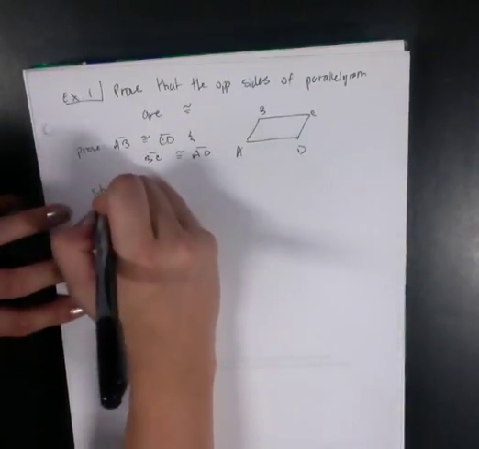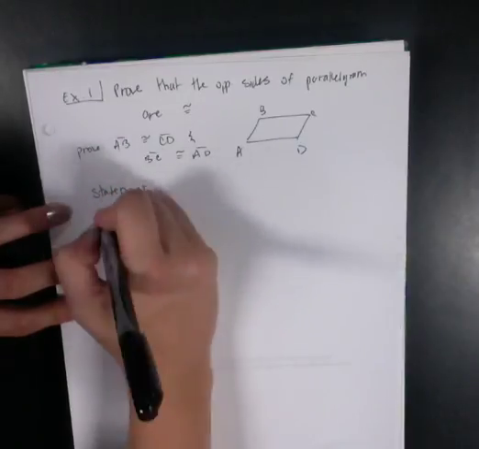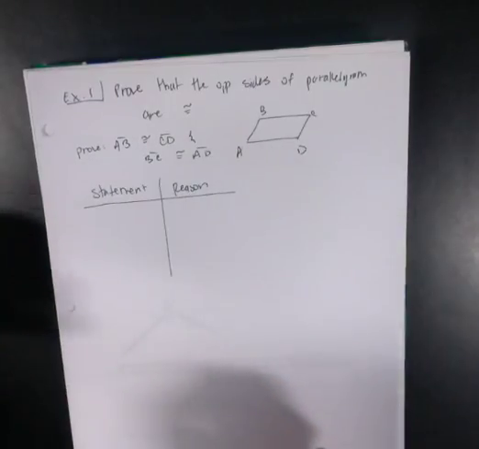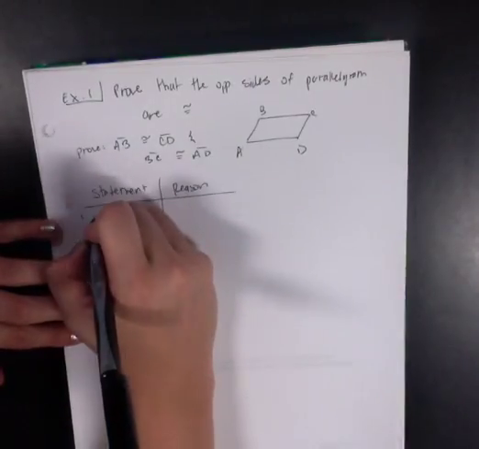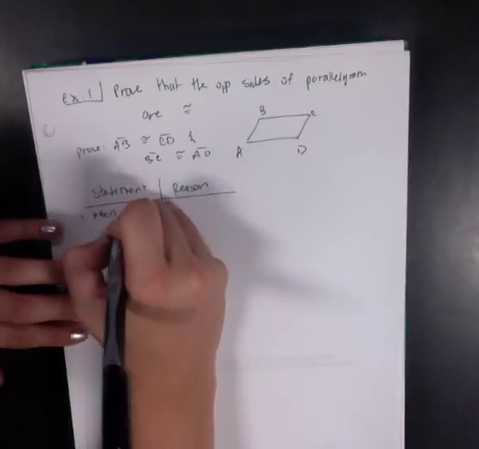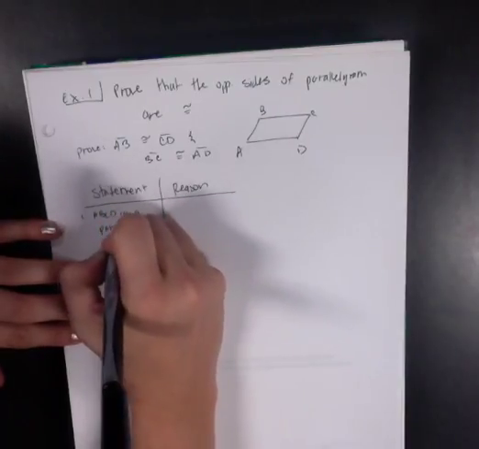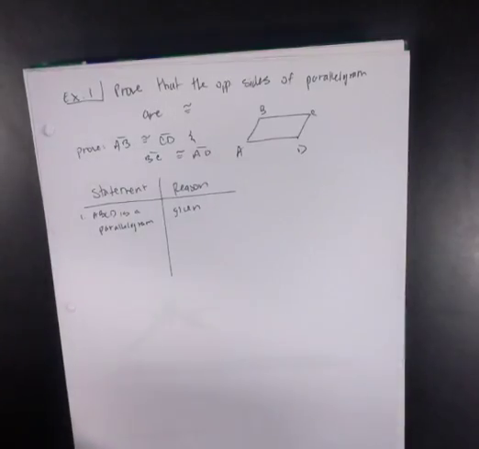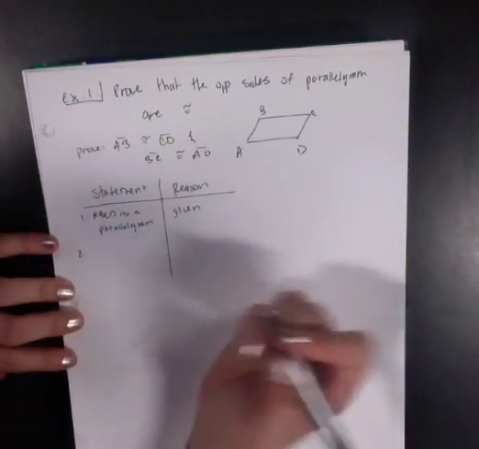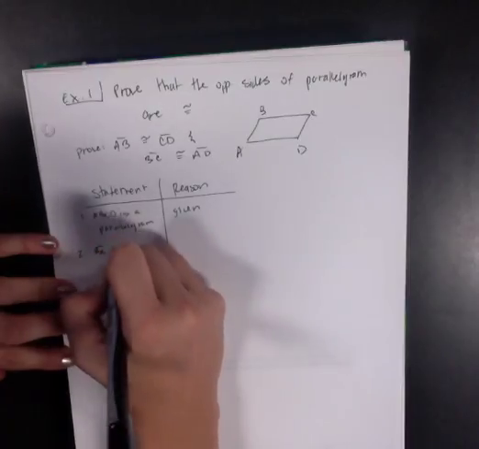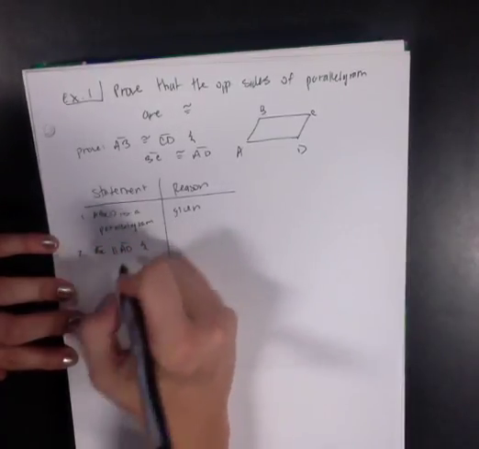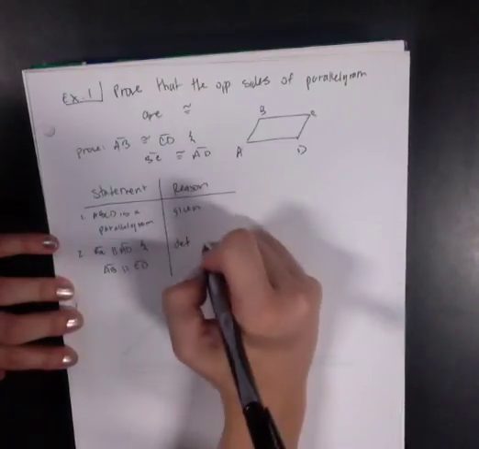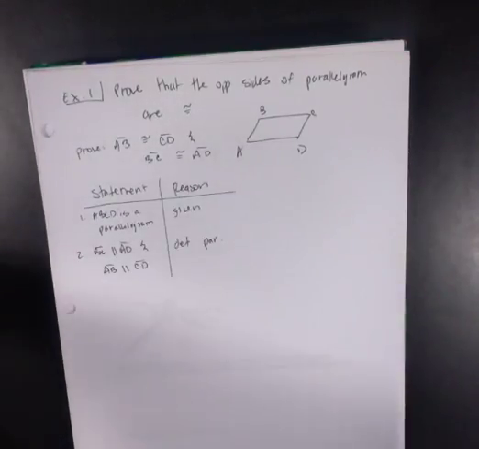So, statement, reason. My first statement is ABCD is a parallelogram, and that's my given. Now number two, I can say that BC is parallel to AD, and AB is parallel to CD, definition of parallelogram.